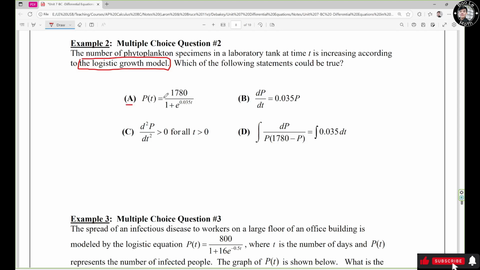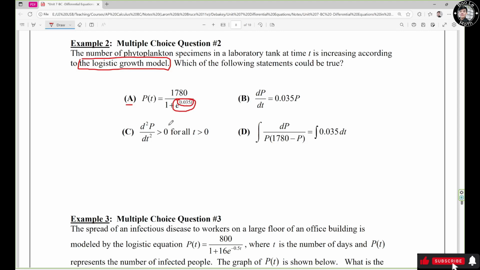Choice A: B of t equals 1780 over 1 plus e raised to the 0.035t. Look at this one: the exponential is in the denominator, but the exponent is positive.